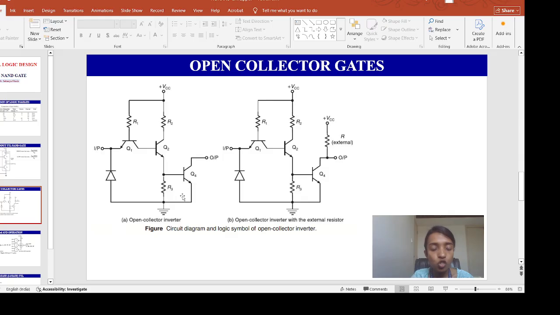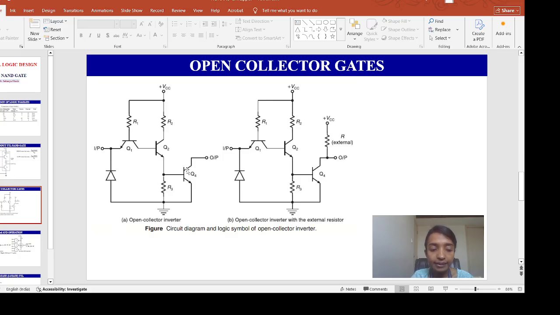And in this open collector TTL, what we can see is that nothing is connected to the output at the collector of this Q4. Okay, that means the pull-up transistor Q3 and the diode D of the totem pole outputs are omitted. That is why we are calling it an open collector.